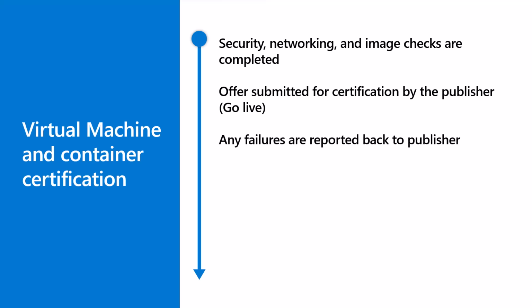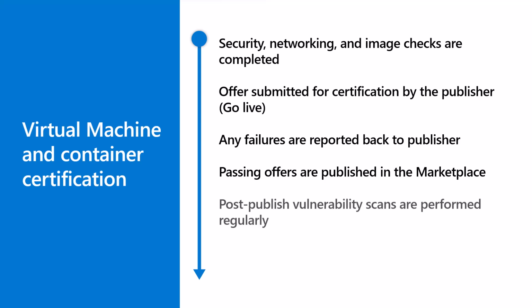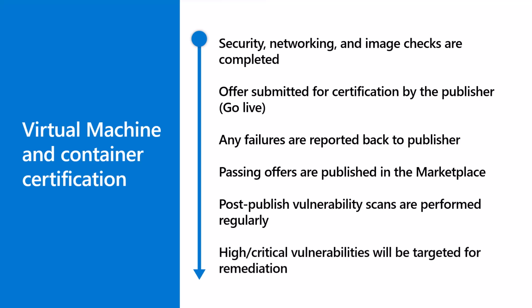Through a series of automated checks, the Microsoft certification team assesses all images for vulnerabilities. After offers and their associated images pass certification, the offer is published into the Azure Marketplace. After that, Microsoft will run vulnerability scans on published images on a regular basis, not just one time during the publication process. And any issues found with the images will be reported to the publisher for remediation.